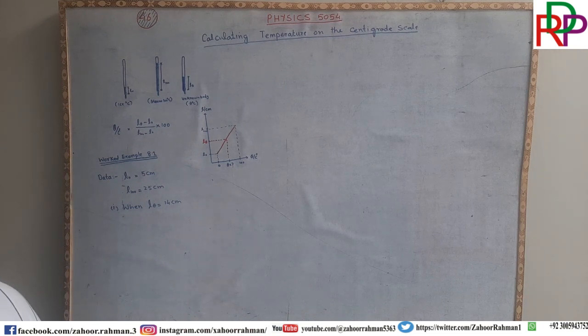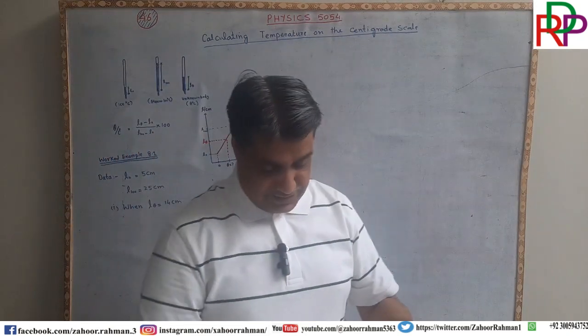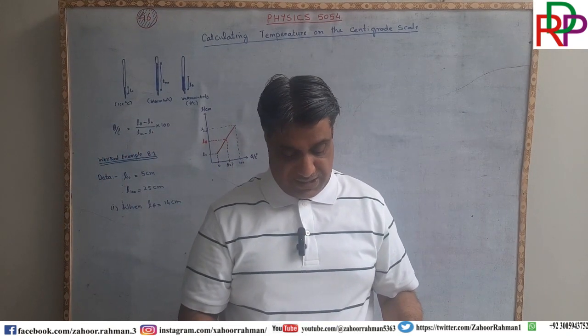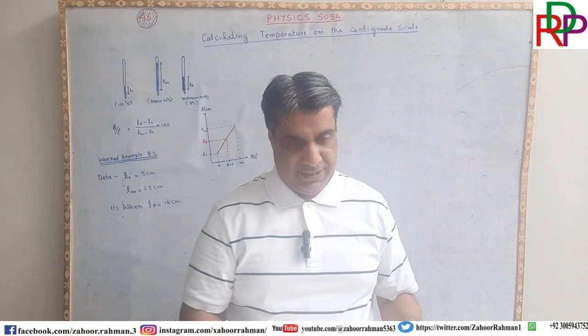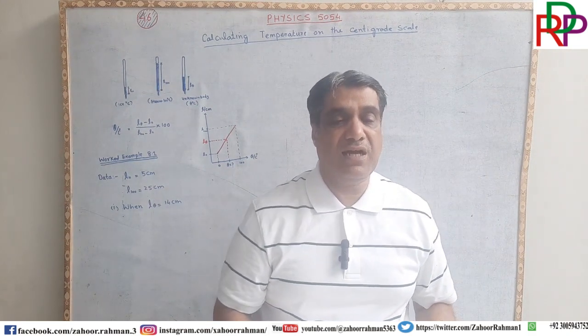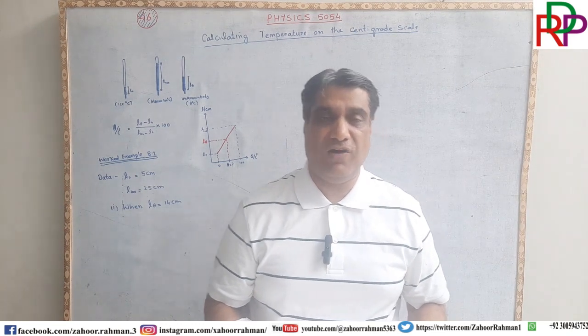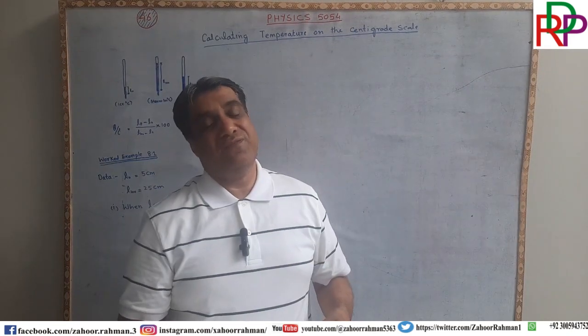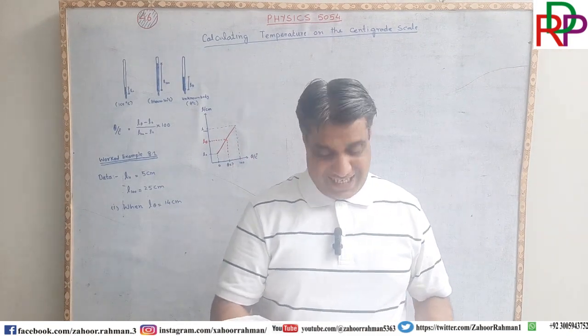The worked example is given on page number 118. Ladies and gentlemen, the question is saying in an unmarked, there is no graduation on it, because we are not finding the temperature through volume expansion. In case of volume expansion, we had marked the graduation scale.